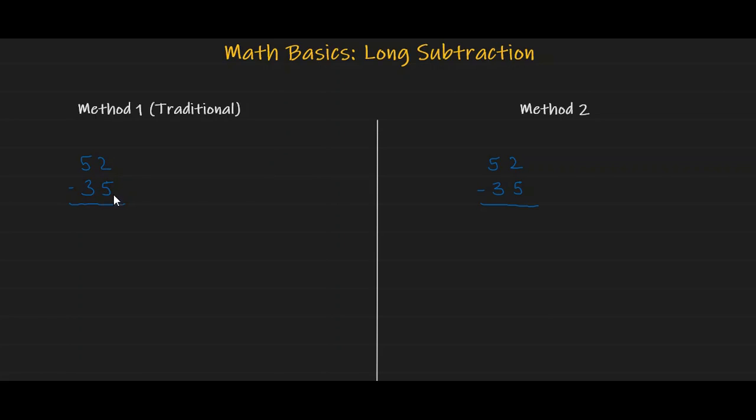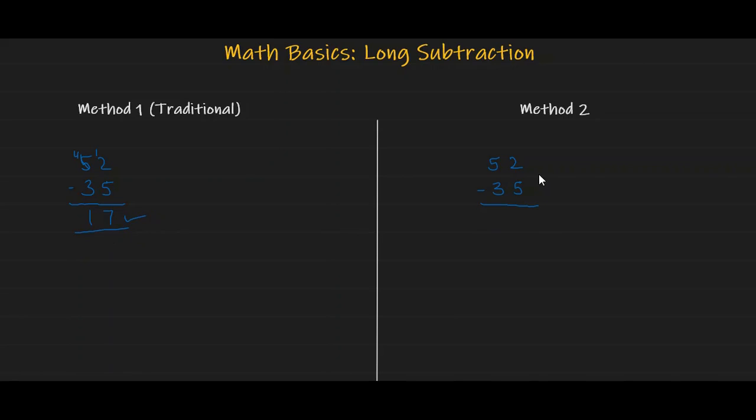Over here 5 is greater than 2, so you would borrow 1 from the digit on your left and make this 12, and this 5 becomes 4. So 12 minus 5 to get 7. 4 minus 3 becomes 1, and your answer is 17.